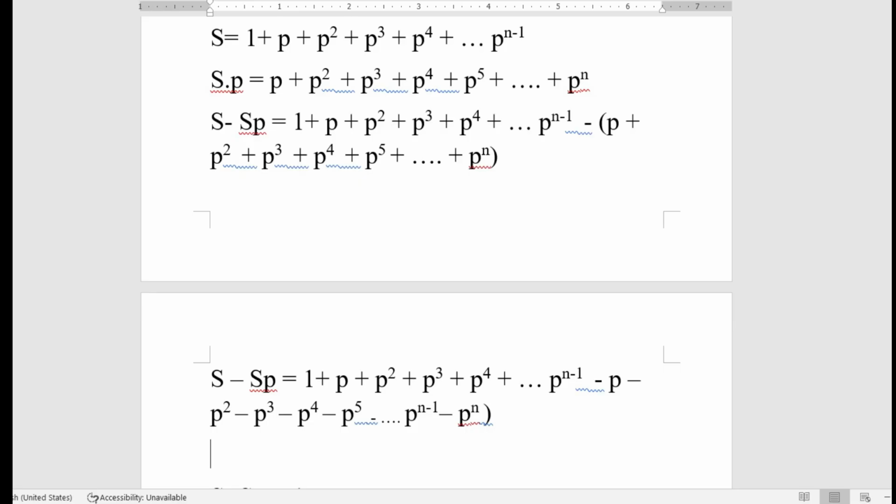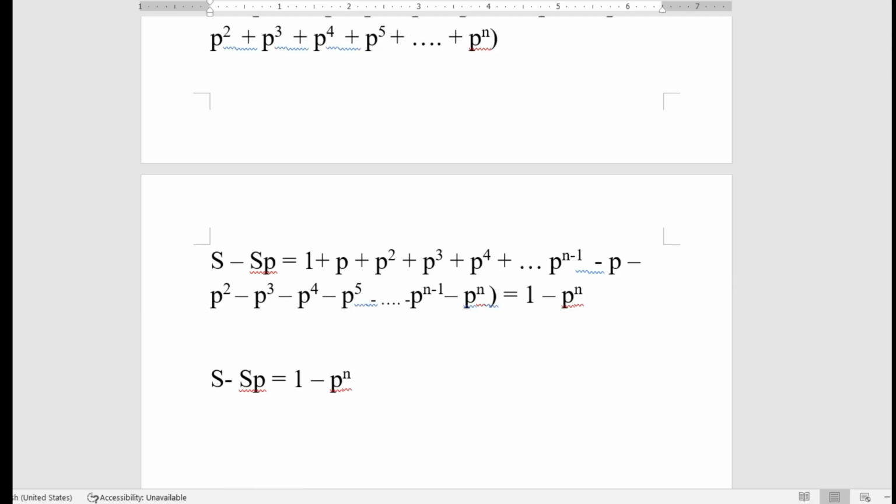And you have minus b to the power of n, and minus b to the power of n minus 1 will cancel out with b to the power of n minus 1, right? And it turns out 0. Okay, b minus b is 0. So you have 1 minus b to the power of n.